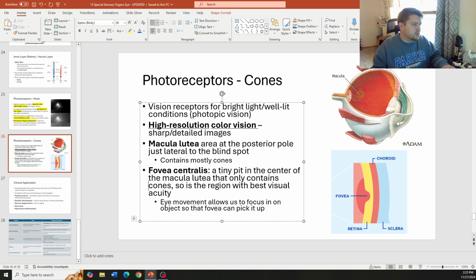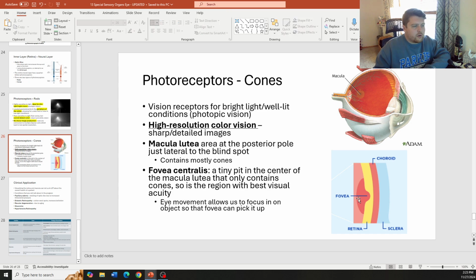So there's only cones in this one specific spot, so it is the region with the best visual acuity. This is our focus point, where we are predominantly focusing light. You can see things out of your peripheral vision, but for the thing you're looking straight at and focusing on, our eyes move and focus in order to center the light directly onto the fovea centralis.